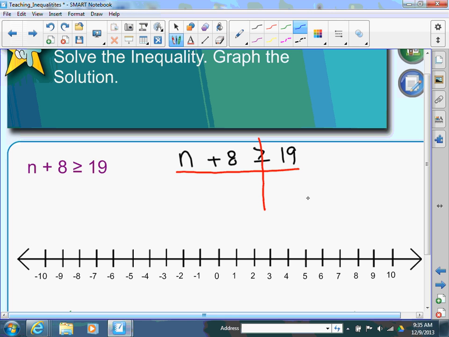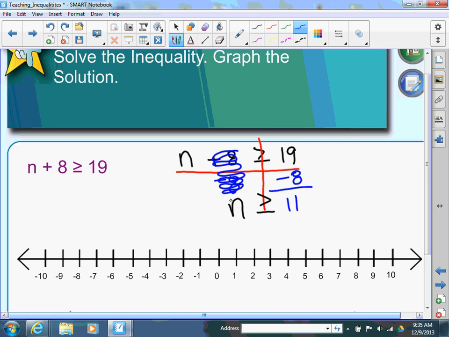What's the opposite of add 8? So subtract 8. Subtract 8. These 8 cancel. 19, take away 8 is 11. Bring down our symbol and n.